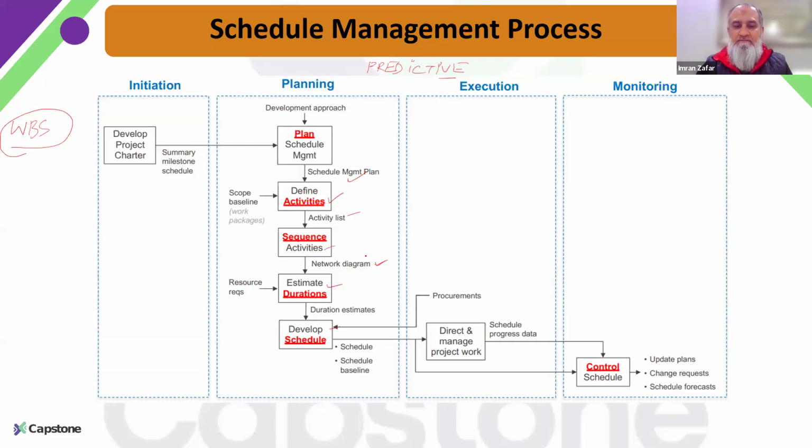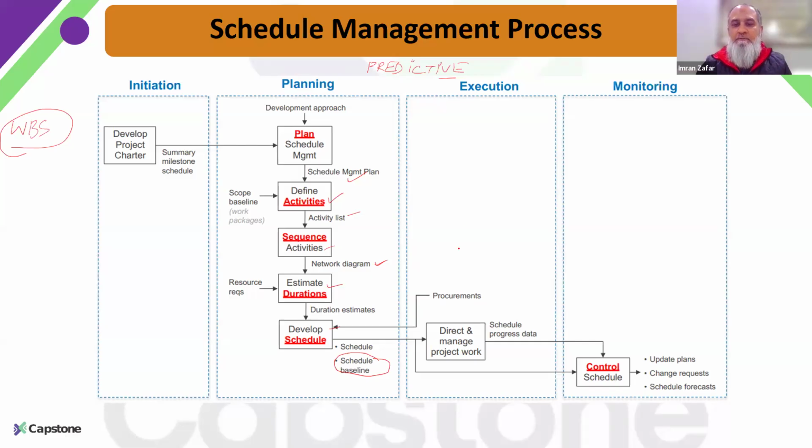This process will give us our schedule baseline, similar to the scope baseline. Once it is finalized and approved by stakeholders, this becomes a sort of benchmark, and for any changes later on, we need to follow the change management process, which we have already discussed two or three times.